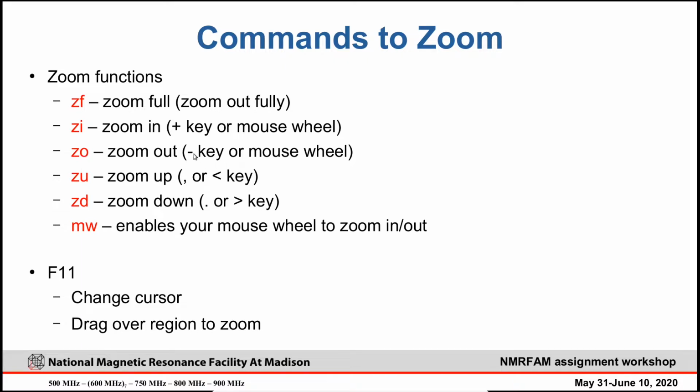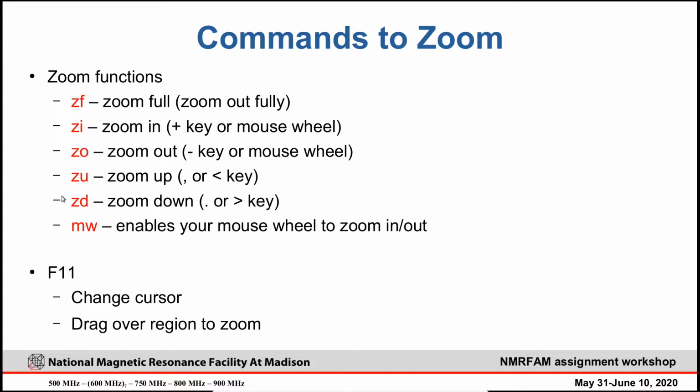You can use the minus key or mouse wheel instead for a smaller step, but it does the same thing. And zoom up or zoom down: in case you have a 3D experiment, you will have an additional panel at the bottom, and you can move around up and down.